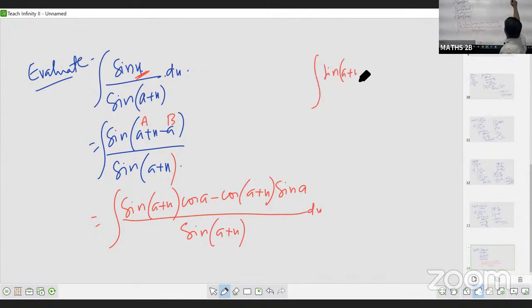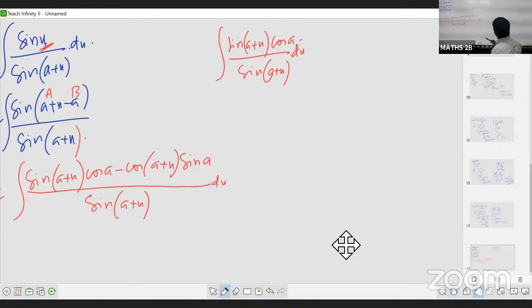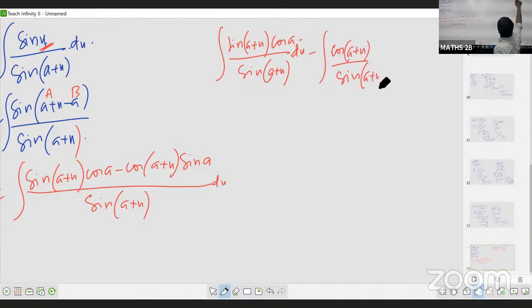Sin of a plus x cos a divided by sin of a plus x dx. Is it clear? Next, minus the integration of cos of a plus x by sin of a plus x into sin a dx.